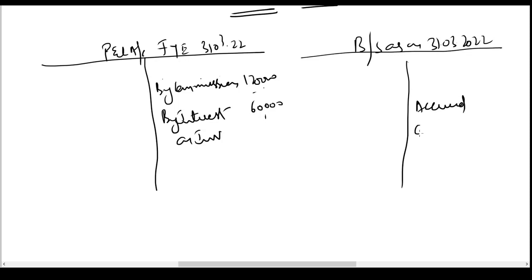In the balance sheet, accrued commission 20,000 only, and accrued interest 10,000 rupees. So this is how I deal with the income, and this is how I deal with the recoverable part.